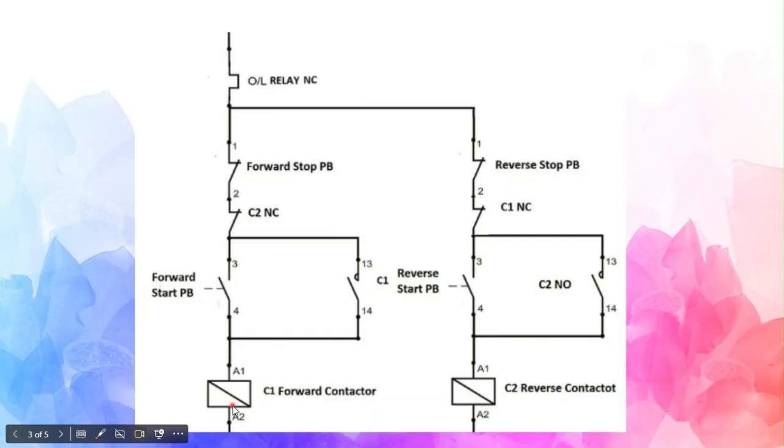Once this forward contactor is energized, the holding contact will also close, and this path will remain active. Look, this C2 is the reverse contactor contact. This cross connection is required to prevent a short circuit. Just understand this.